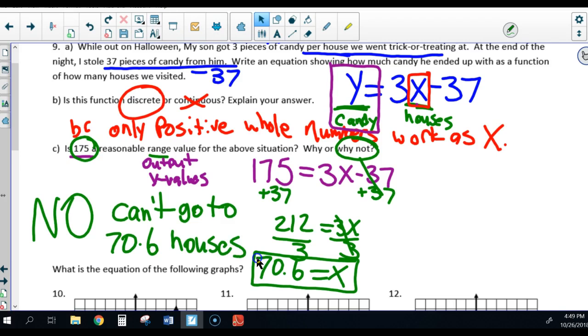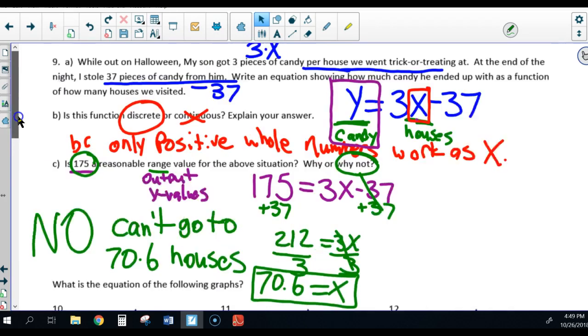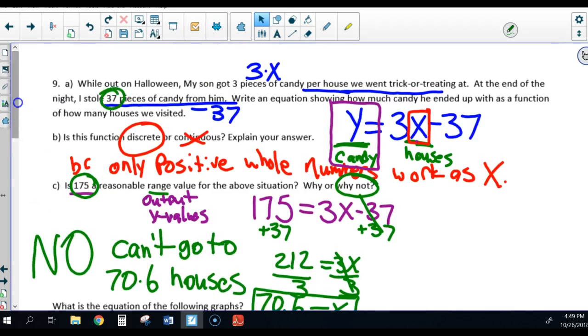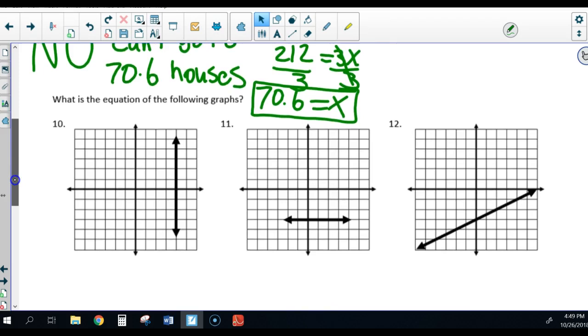Now I could go to 70 houses, or I could go to 71 houses and get a little bit more, or a little bit less candy, but I cannot have exactly. He can't, not me. I got 37 pieces I stole from him. He cannot have 175 exactly for all of those reasons.